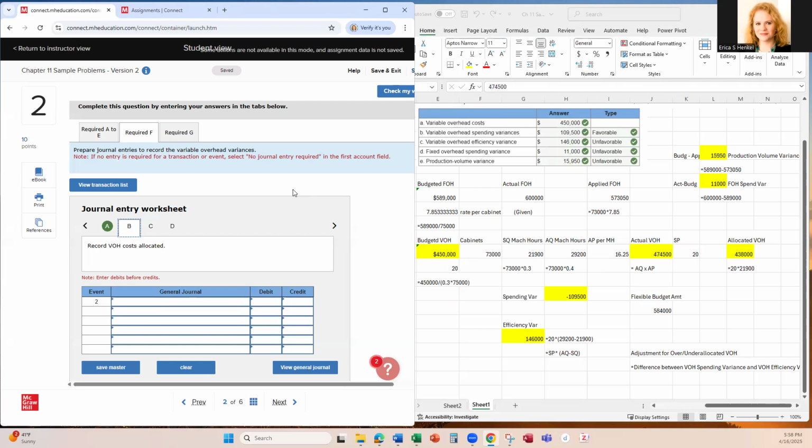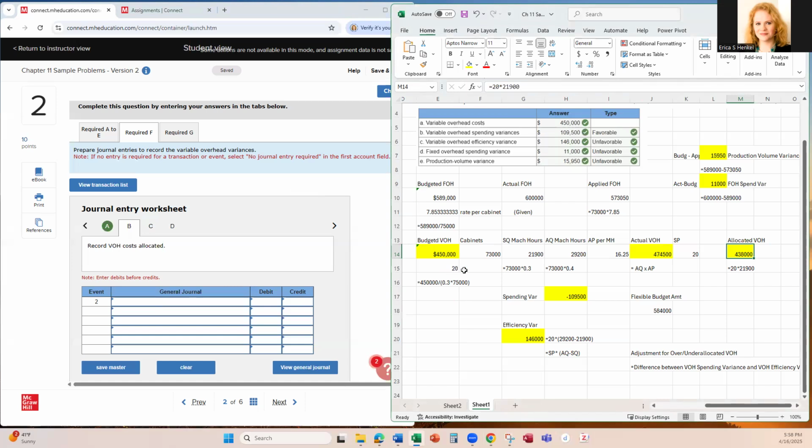So here then, we need to look for the amount that we're allocating, which we calculated in a previous problem. We took the $20 budgeted rate per machine hour, and then we multiplied it times the standard number of machine hours that we expected to use. And by the way, that standard machine hours was calculated using the actual production level: standard units, standard quantity, times the variable overhead per unit.